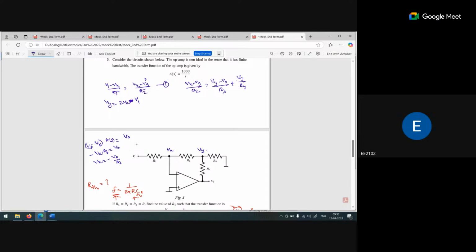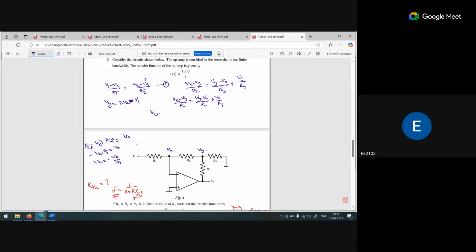From this one, (Vx minus Vy) upon R is equal to (Vy minus V naught) by R plus Vy by R4. Now put the Vx value. Sorry, initially put the Vy value.